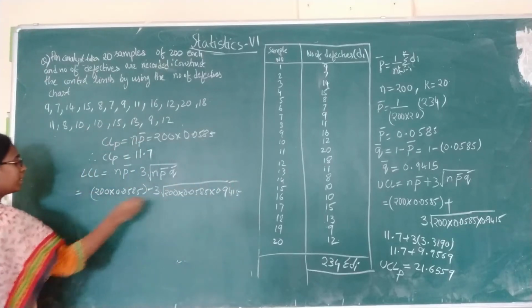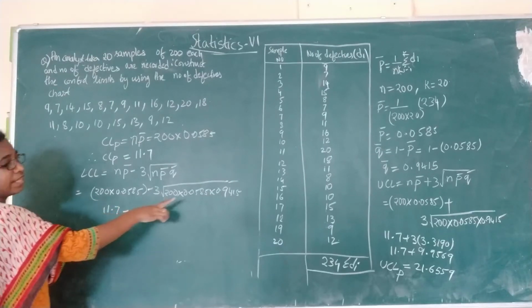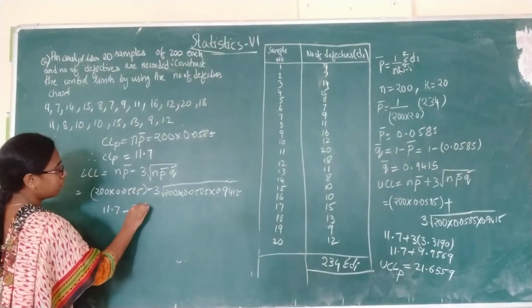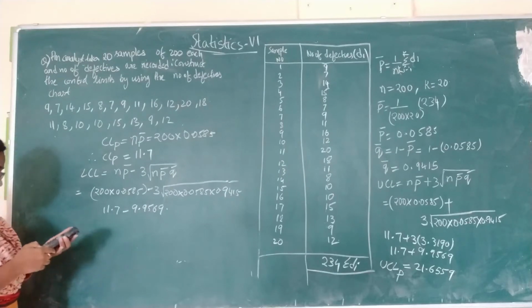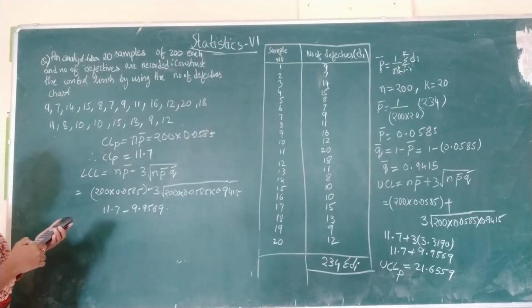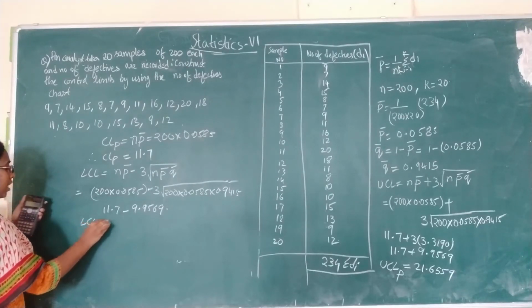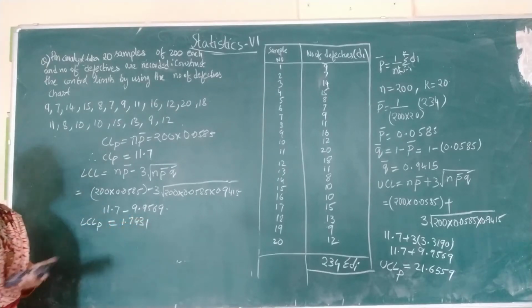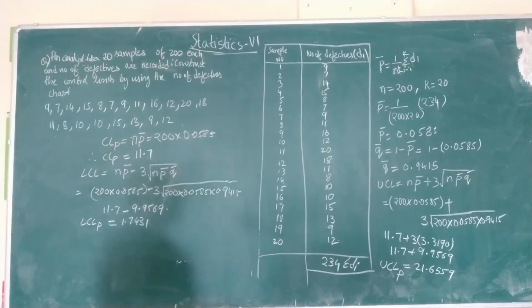We got these values already. This is 11.7 minus this value, which we got as 9.9569. So 11.7 minus 9.9569, you will be getting the LCL of P chart equals 1.7431. So we got the required UCL, CL and LCL values.